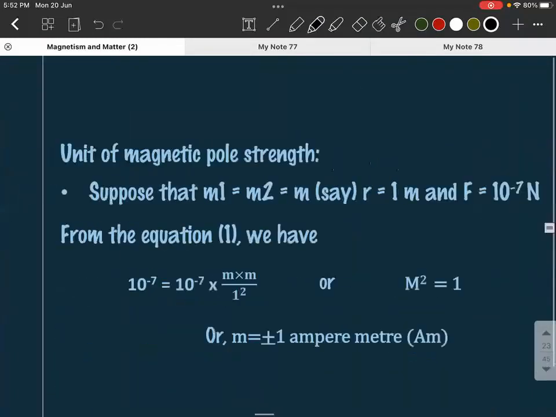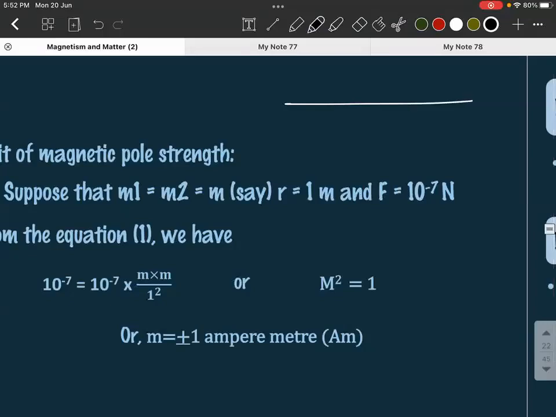Suppose I have a wire of length L and I break it into 10 equal parts. Let's say the resistance of the bigger wire is R. Then the resistance of each part will be R by 10. When you bring them closer to each other, the resistances get added again. The same logic applies here.